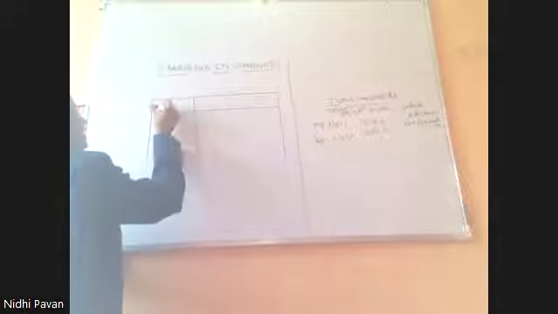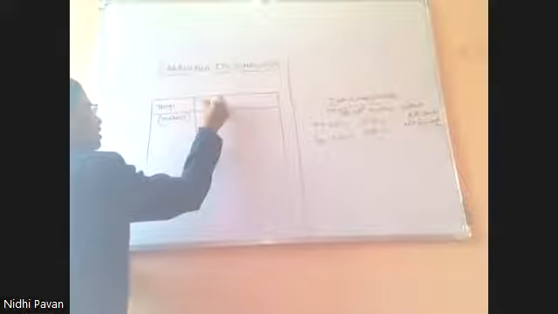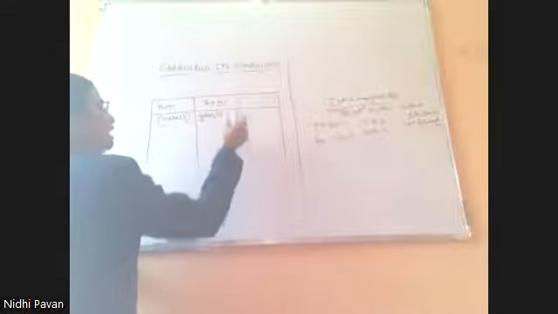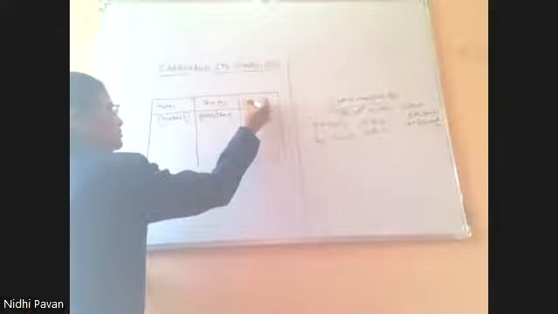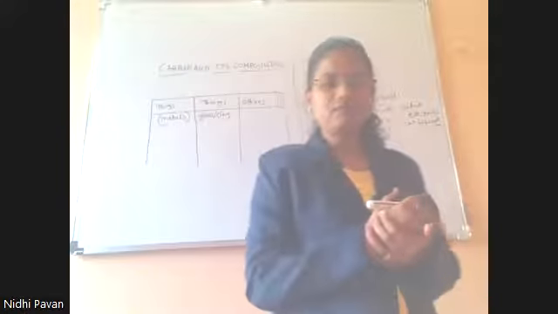In this tabular column, first you write the things around you which are made up of metals. And you just observe the things around you and note down which are made up of glass or clay. And others, meaning which are not made up of these two, which are made up of different material. Fine.